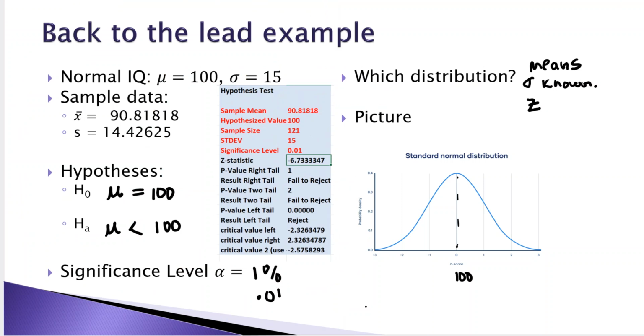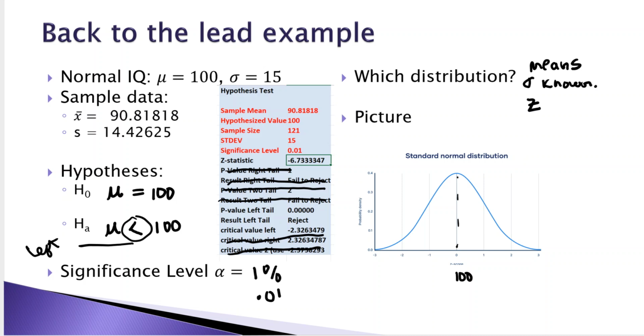Our alpha was 1%, and our critical value goes with the alpha, and we're doing a left tail. So I don't need the right, and I don't need the 2. We're doing a left tail because that points to the left.